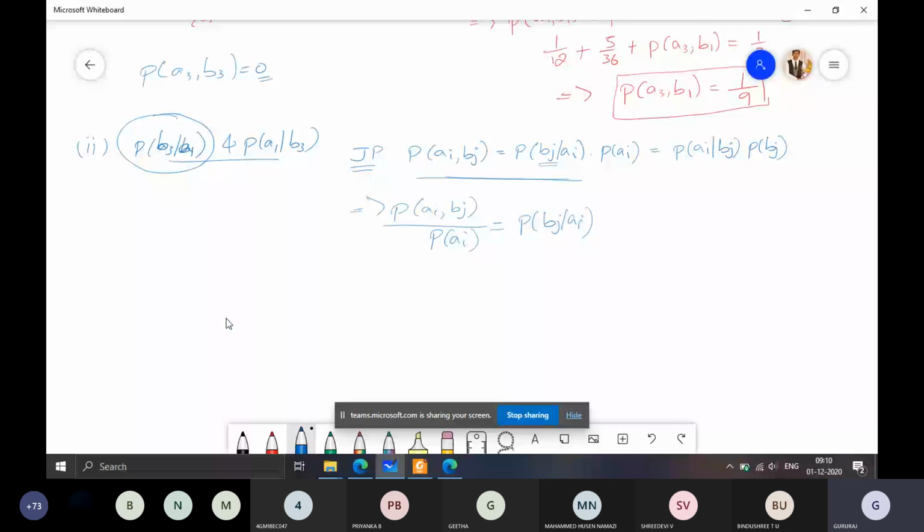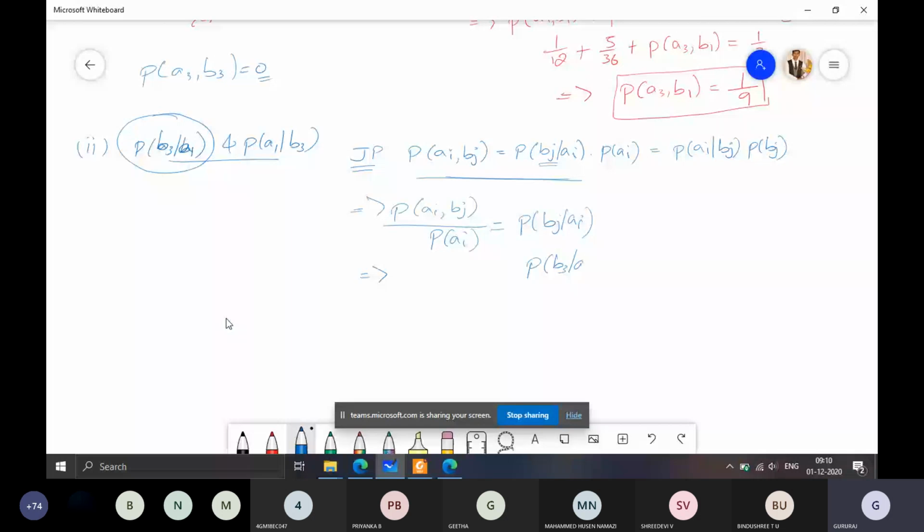Right? So now just substitute for I and J. So what is the value of I? I value is 1, because we have to find out P of B3 by A1, so hence I value is equal to 1.